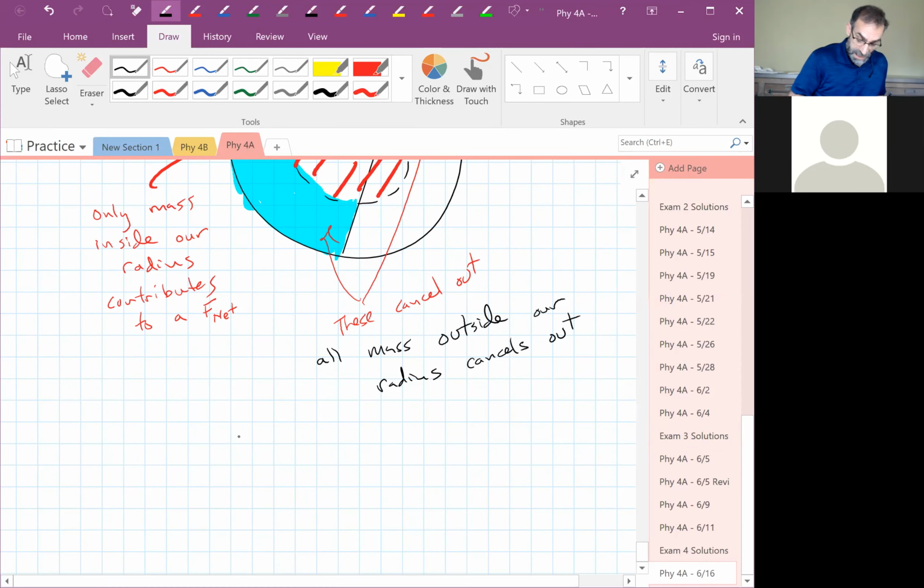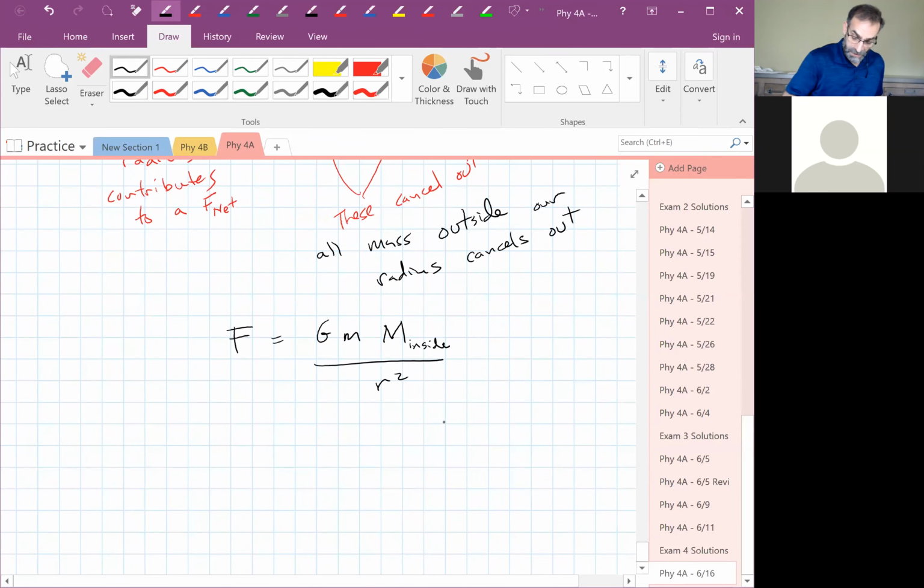So if we figure this out, we say the force on us is G times our mass times the mass inside of our radius, over our radius squared.